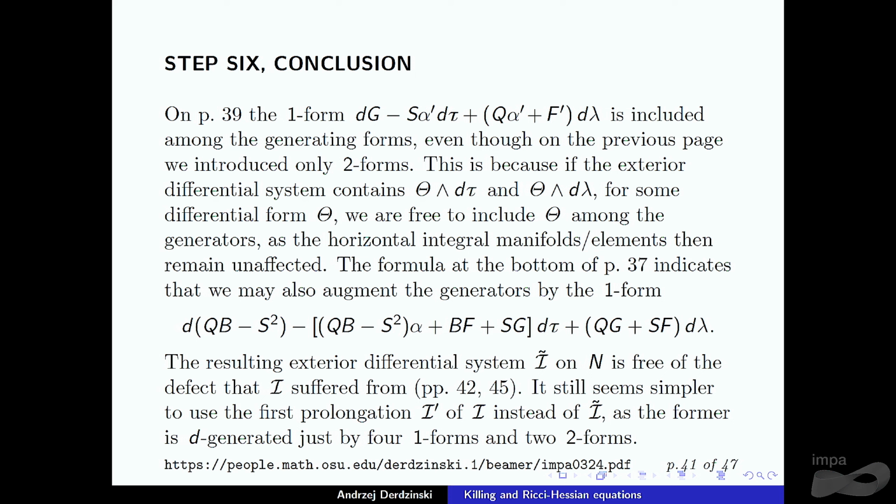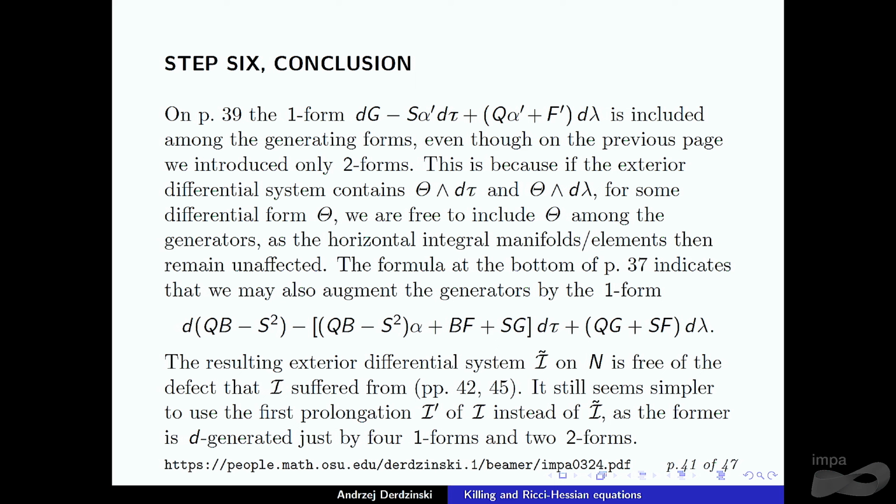Because if this product vanishes and that vanishes, if those 2 things vanish on a surface, then theta vanishes. So we are suddenly free to add some one-forms to this system. In other words, a system of partial differential equations, a quasi-linear one like ours, does not uniquely determine an exterior differential system associated with it. You can imagine many different exterior differential systems which still have the property that they vanish on all potential solution graphs.